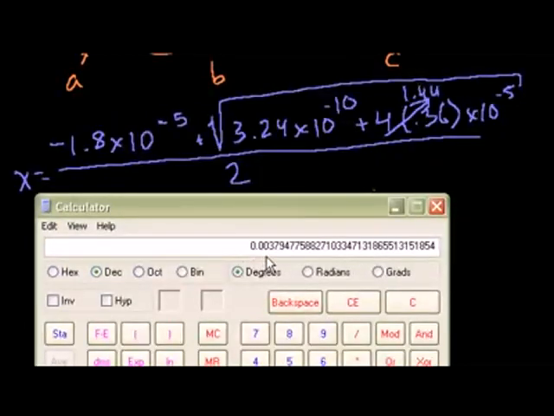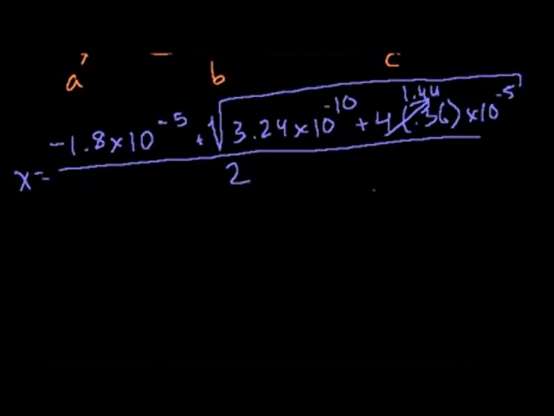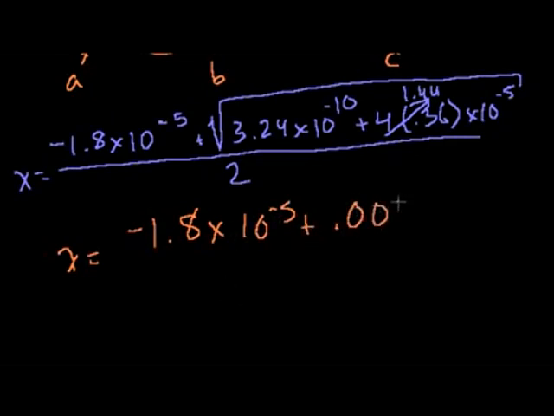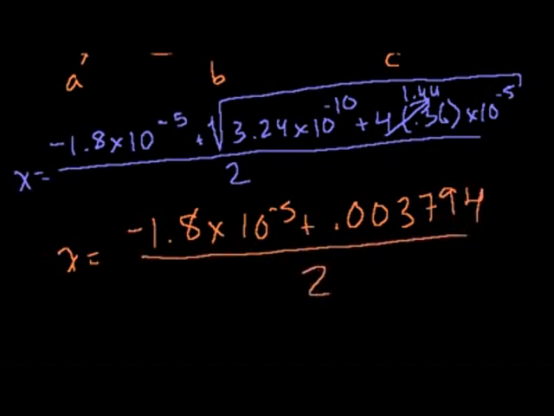So I get 0.00379. So I'll switch colors. So I get X is equal to minus 1.8 times 10 to the minus 5 plus 0.00379, all of that over 2. Let's do the math.